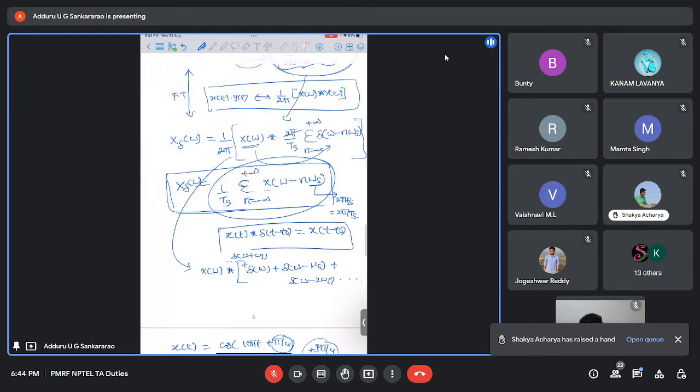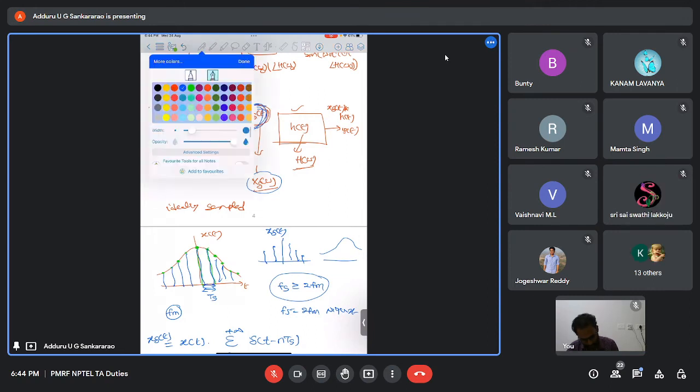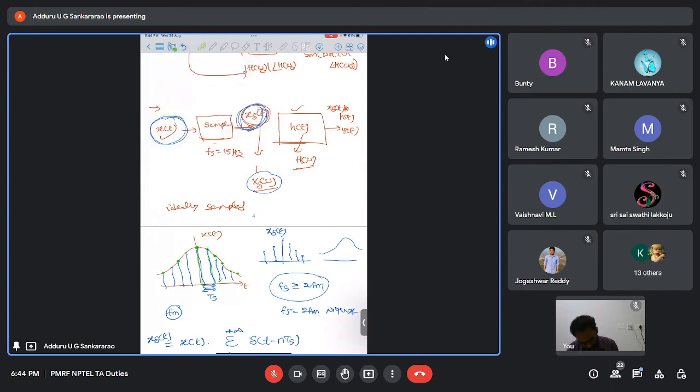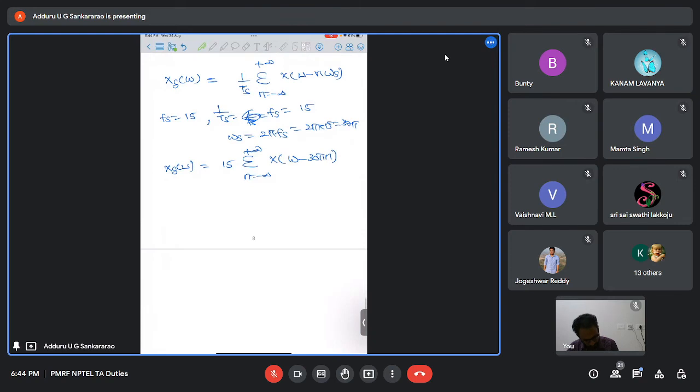If you see the block diagram here, this is the input x of t, and after passing through the sampler we get x delta of t. Its Fourier transform is x delta of omega, which I am finding out. This is what we got here.